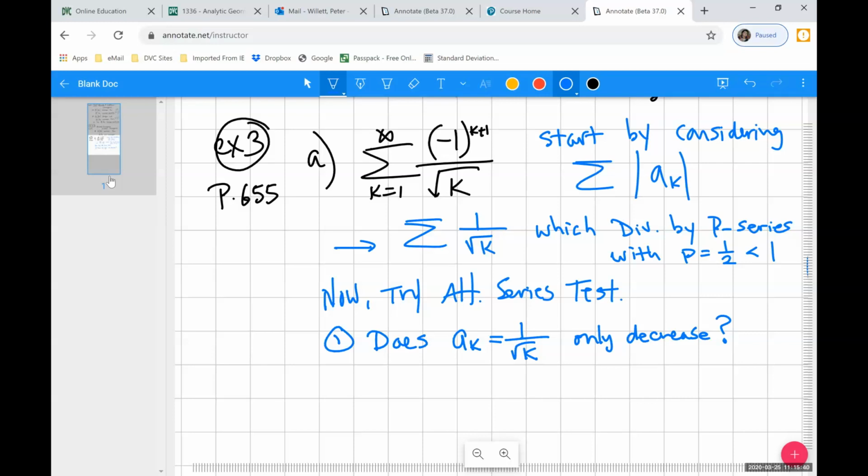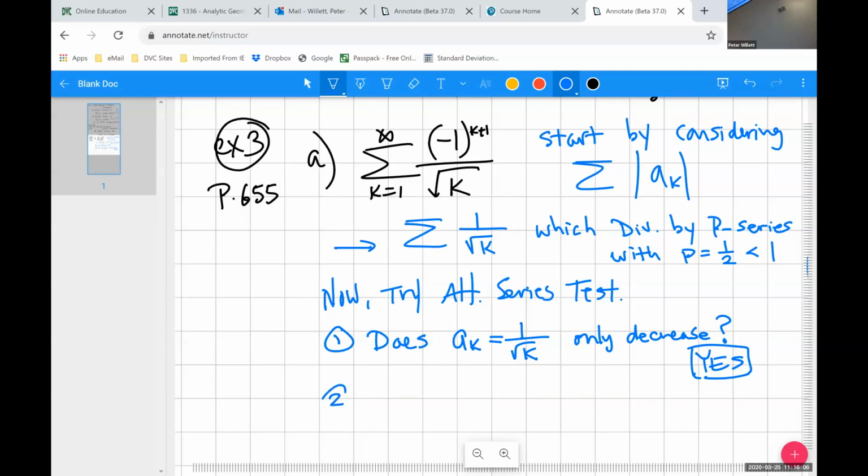Wouldn't it get smaller? It would get smaller because the denominator, even if it has a square root on it, as the denominator gets larger and larger, the fraction will get smaller and smaller. So does this only decrease? The answer is yes. Increasing k causes the fraction to decrease. And k only gets bigger when you go 1, 2, 3, 4, 5, 6, 7, 8, 9.